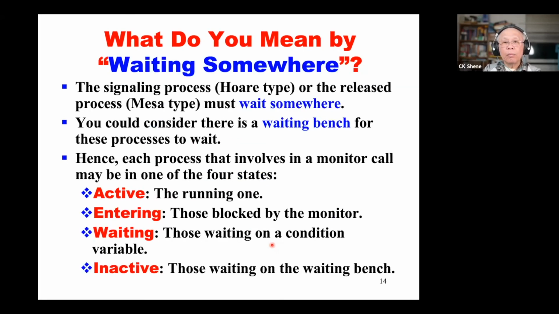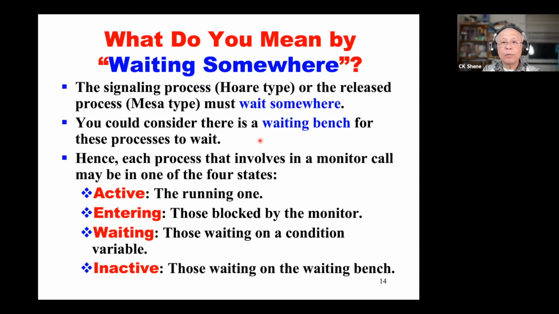So given these concepts, we need to understand what is meant by waiting somewhere. Under the Hoare type, the signaling process waits somewhere. Under the Mesa type, the released process waits somewhere. You may consider there is a waiting bench for these processes to wait.